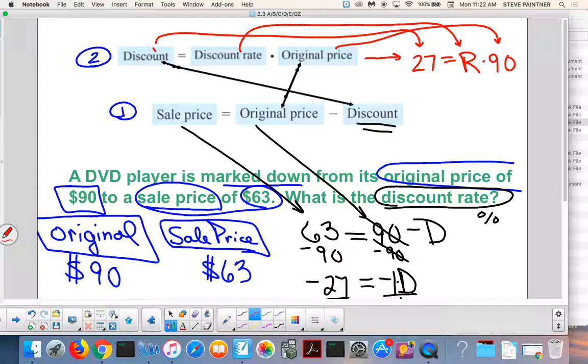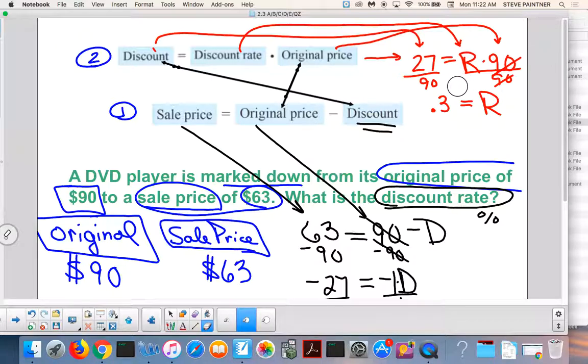I'm going to take off 27. What percent off did I get? Divide by 90. R is equal to what? 0.3. So it'd be 30%. 30% is the discount rate.